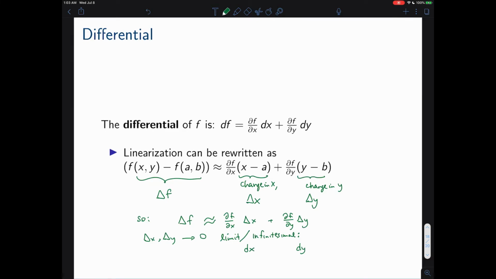And the infinitesimal version of delta f is df. When we go to that infinitesimal limit, the approximation gets infinitely good, or the error dies away, and we get something that's exactly right. df actually equals partial f partial x dx plus partial f partial y dy.